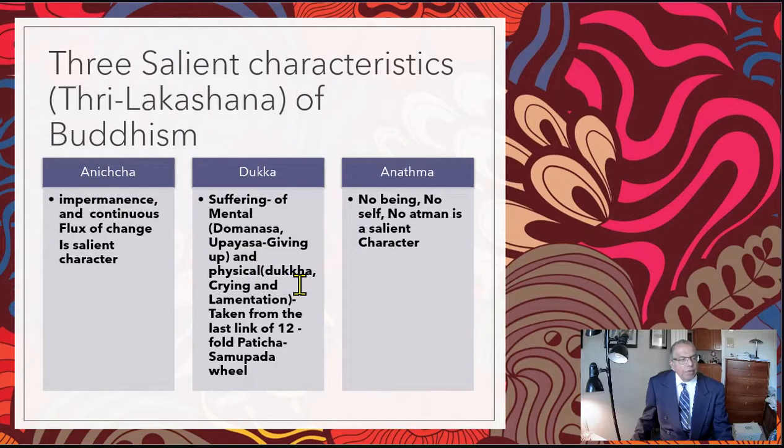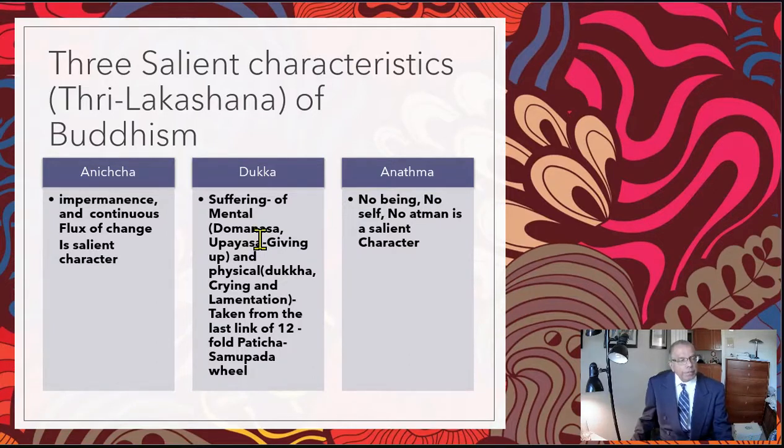Second is suffering. He characterized suffering into mental suffering as well as physical suffering. Mental suffering he defined as domanassa, upayasa. Upayasa is a giving up component of it, where most suffering ultimately leads to giving up. In other words, people try to commit suicide.